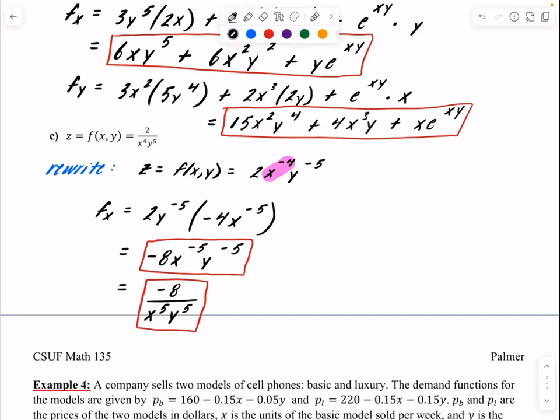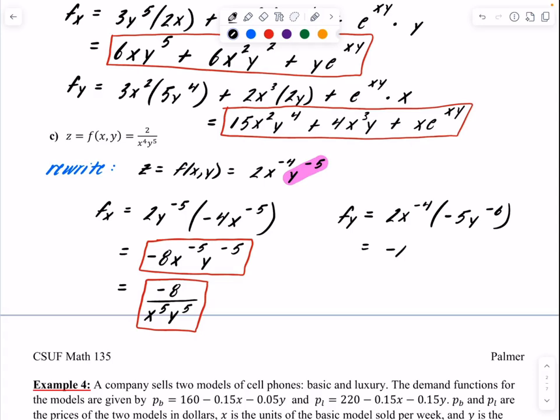Let's go ahead and find our partial derivative with respect to y. This time I am treating x as a constant, so I'm going to write all of my constants first. So then I can just take the derivative of y to the negative 5th, I apologize. This is negative 5 y to the negative 6 using the power rule.